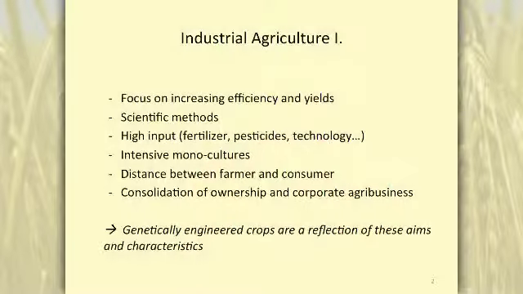I'll move on from here, but I just wanted to emphasize that again. So what is industrial agriculture? Everybody has a vague idea, and when I started with this, I kind of thought I knew what it was, but I'm just going to give you a few concrete things that I think are the main characteristics of industrial agriculture. It aims to increase efficiency and yields.